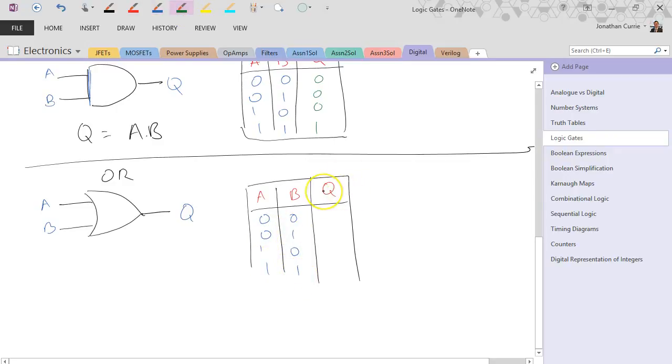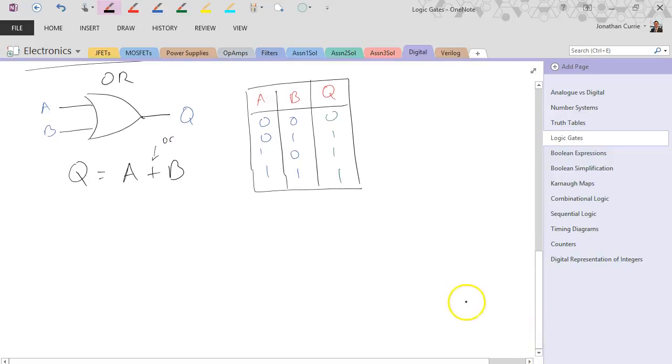An OR gate says if A or B, so if either A or B is high, then the output is high. And in Boolean, it is written as A plus B, where plus is the OR operator and multiply is the AND operator.